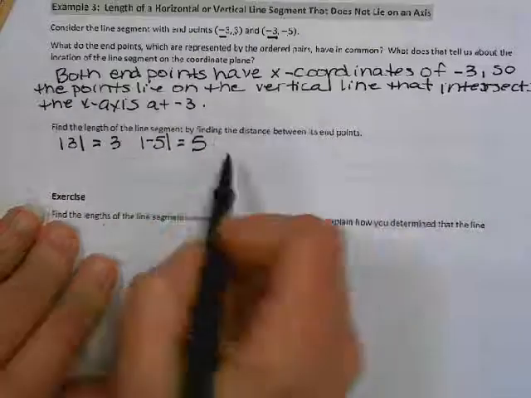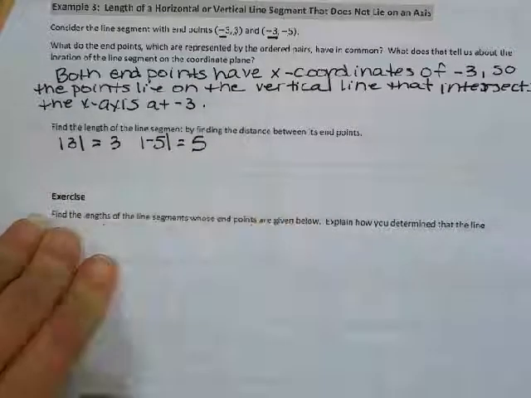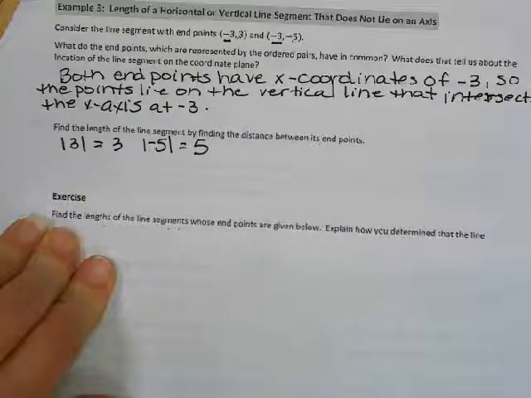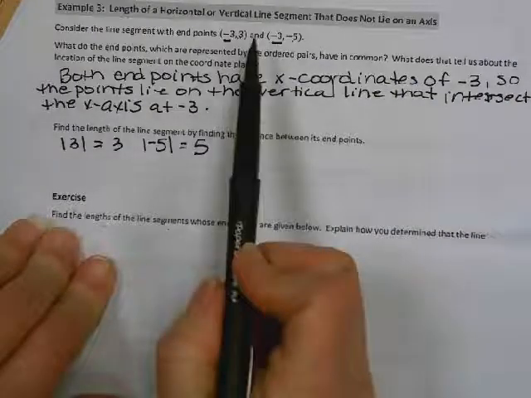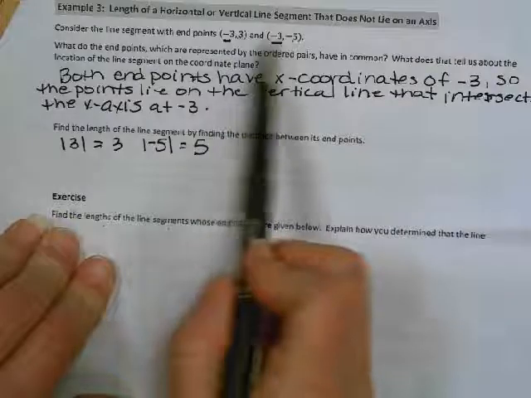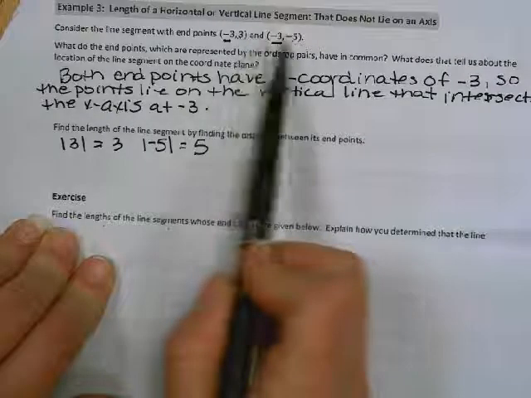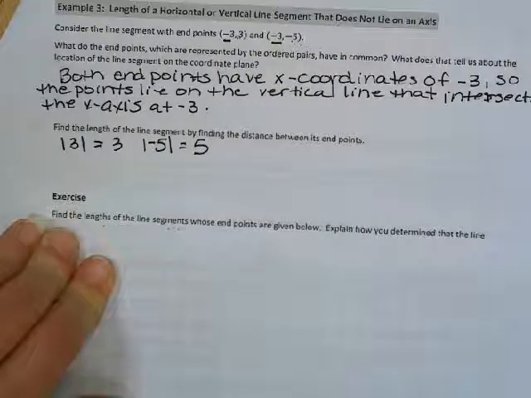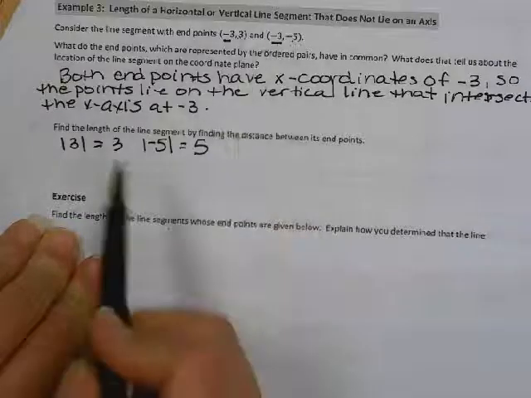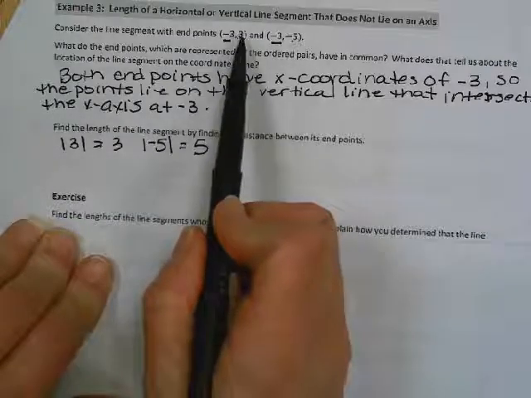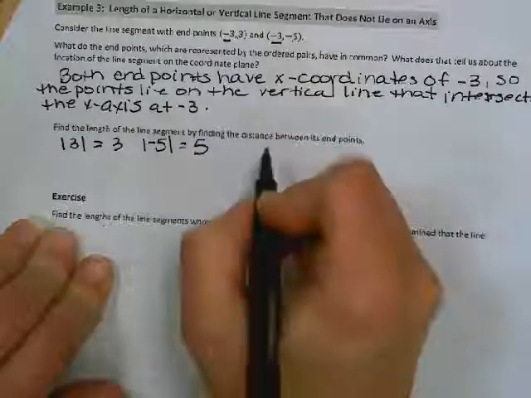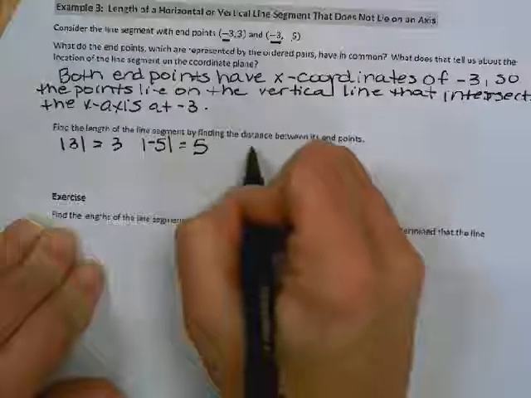Now, once I know the absolute values, I have to decide whether I'm going to subtract or add. If the points have opposite signs, if they sit on opposite sides of 0, then I'm going to add to find the length. If they sit on the same side of 0, I'm going to subtract. These original points had opposite signs, +3, -5. So I need to add.